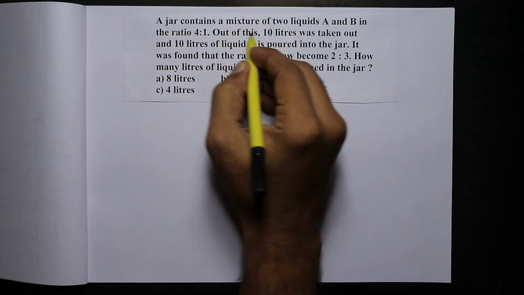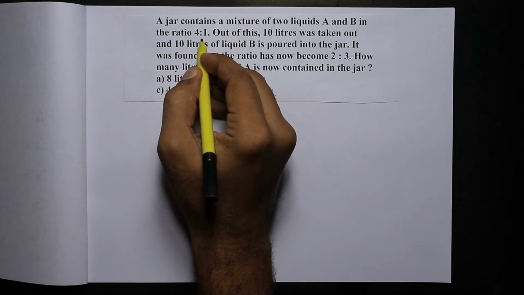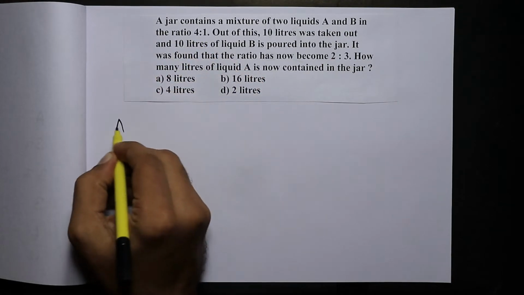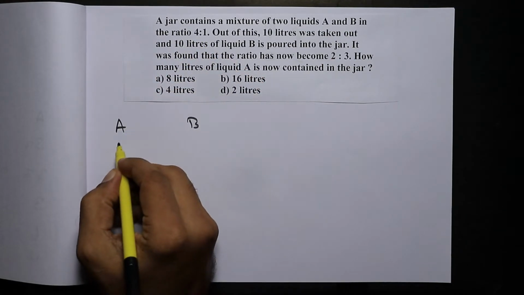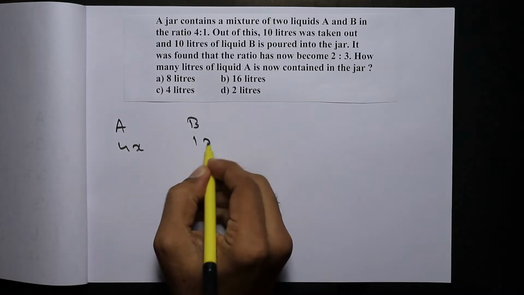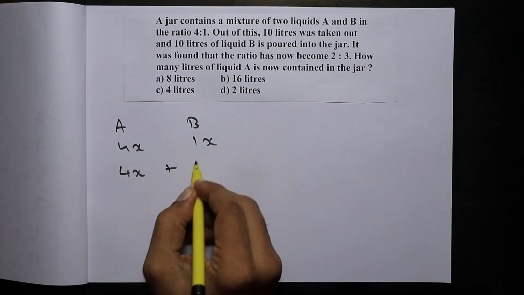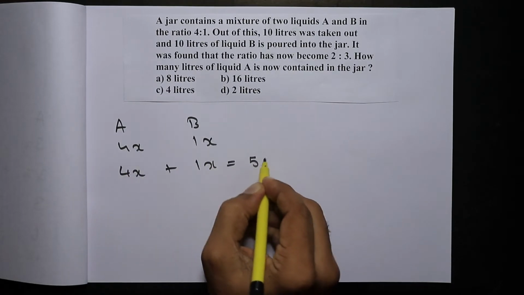A jar contains a mixture of two liquids A and B in the ratio 4:1. So you can take it as 4x and 1x. So we can form the equation as 4x plus 1x is equal to 5x.